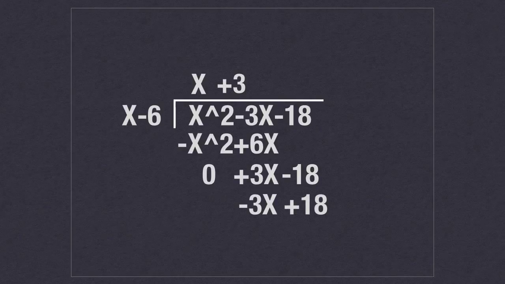The next step is to do another sum. Now we have 0 and 0. This means the division is complete. As we can see, the result is x plus 3. That means if we multiply x plus 3 times x minus 6, it will be x squared minus 3x minus 18.